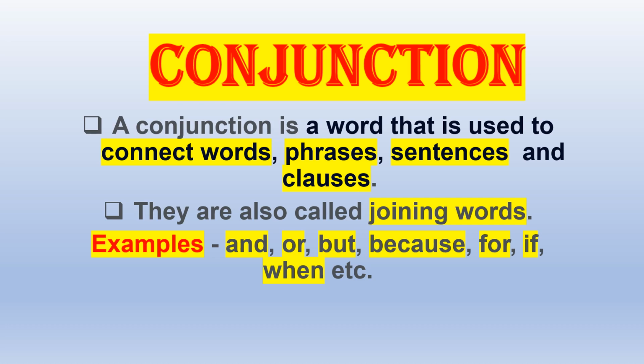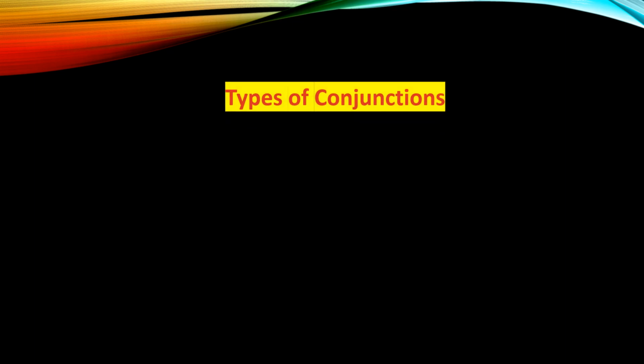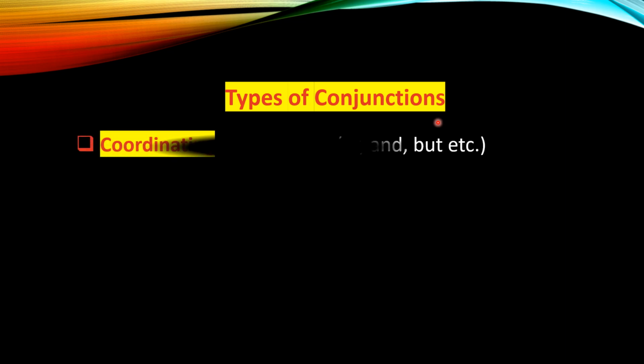Now, I will talk about the different types of conjunctions in the next slide. So let's talk about the types of conjunctions. I have mainly collected here four types of conjunctions.